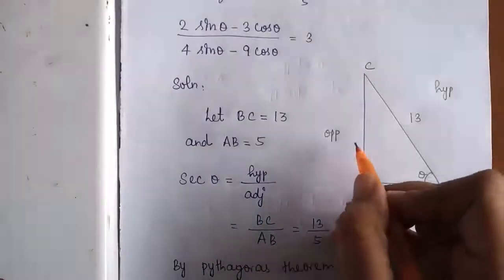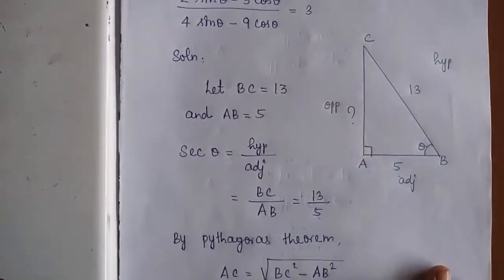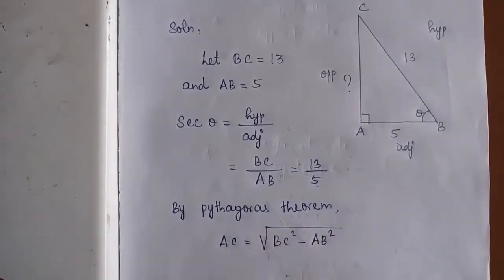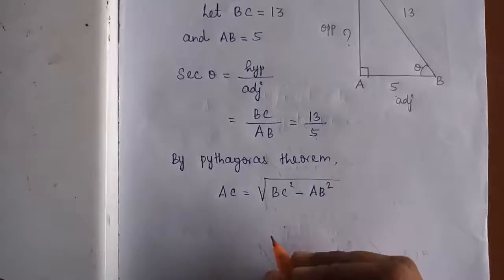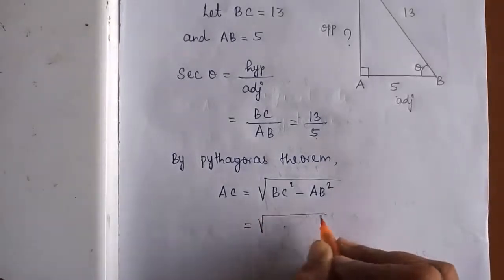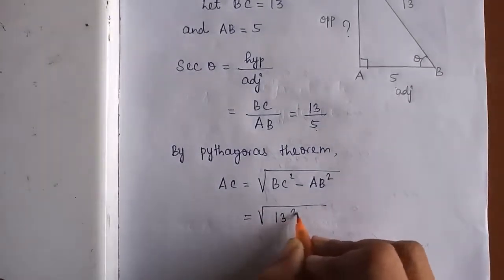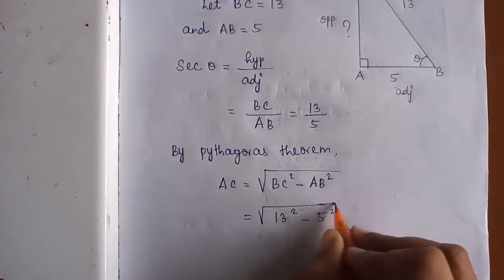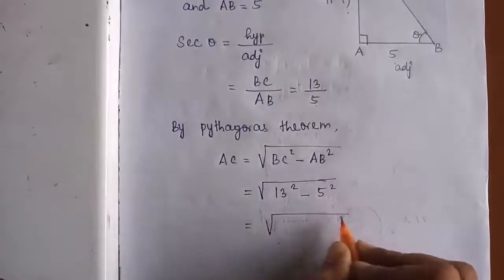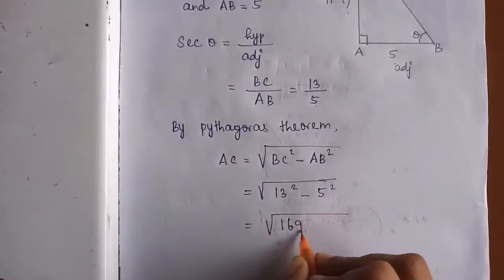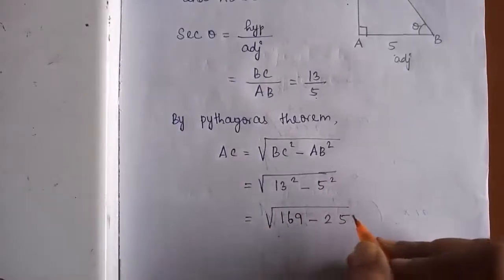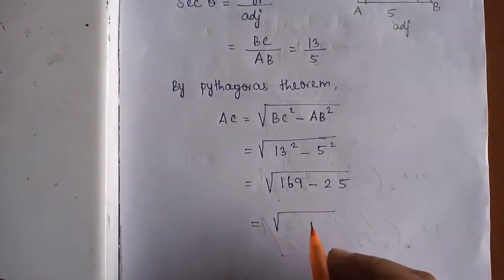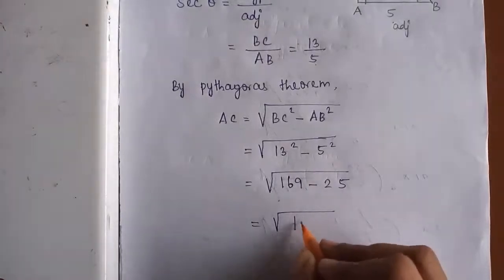We have to find the opposite side. So by using the Pythagoras theorem, AC is equal to root of BC square minus AB square. So which is equal to root of the value of BC is 13, so 13 square minus the value of AB is 5 square, which is equal to root of 13 square is 169 minus 5 square is 25, which is equal to root of 169 minus 25 is 144.